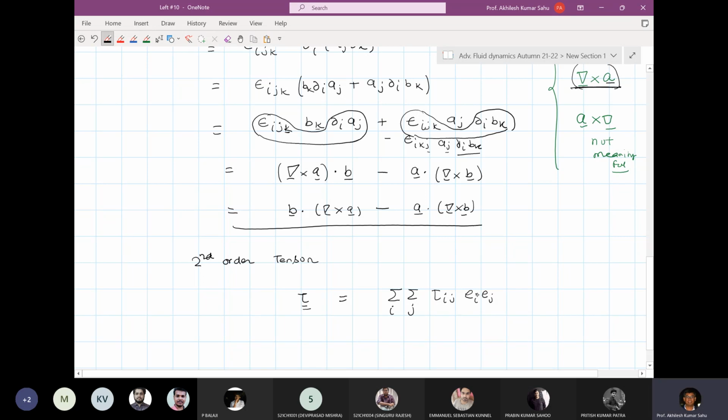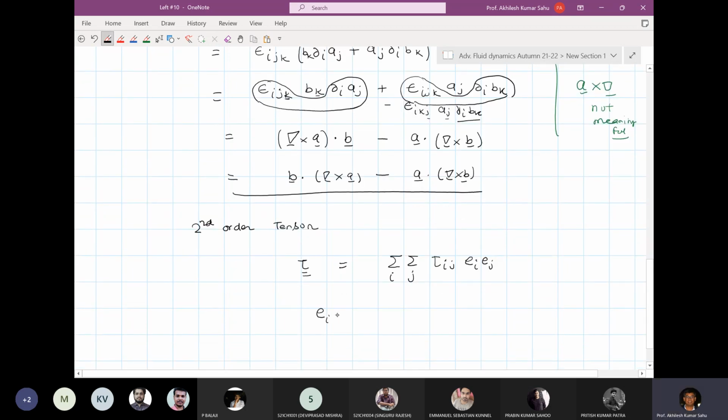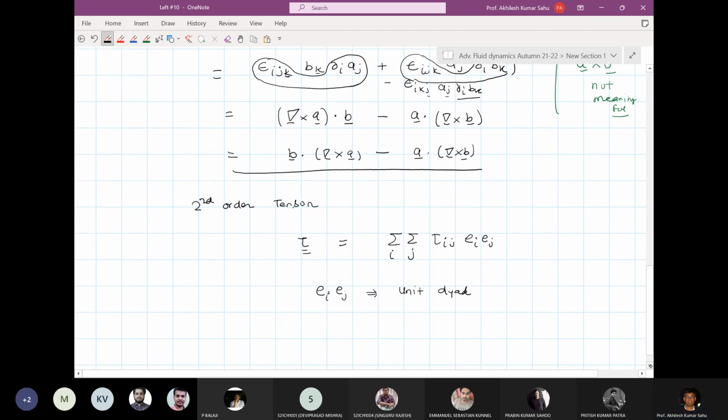There is nothing between this ei and ej, so this ei ej is called a unit dyad, right? And it's a dyadic product of ei and ej.